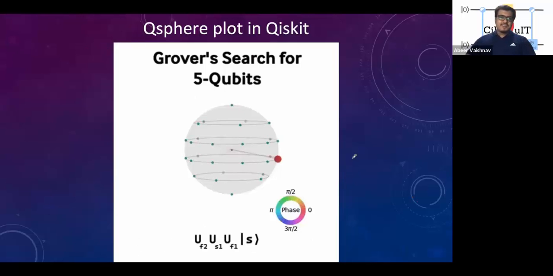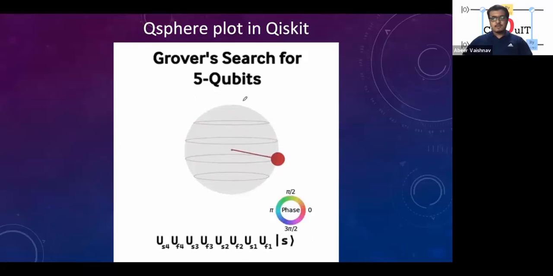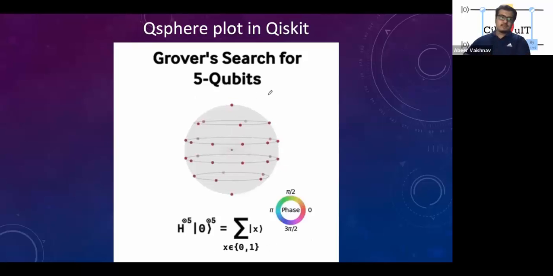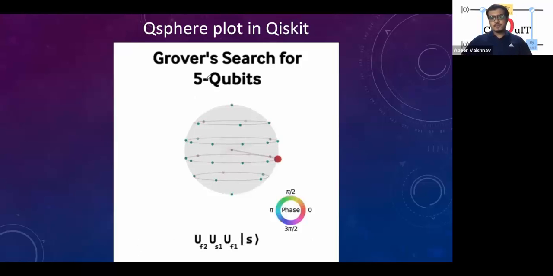Just for fun, this is an implementation of Grover's algorithm in Qiskit, and it uses 5 qubits. You can see that it starts from the 0 state, then equal superposition, and then there are a series of US and U omega operations. Here U omega is termed as UF instead of U omega, but it is actually the same operation.